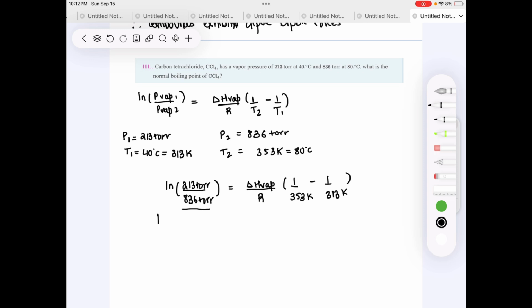We get ln 0.255 equal to the enthalpy of vaporization and the gas constant value, which is 8.3145 joules per mole Kelvin.